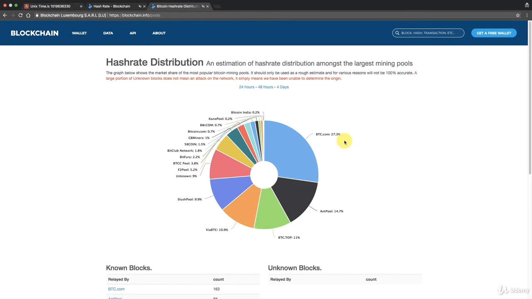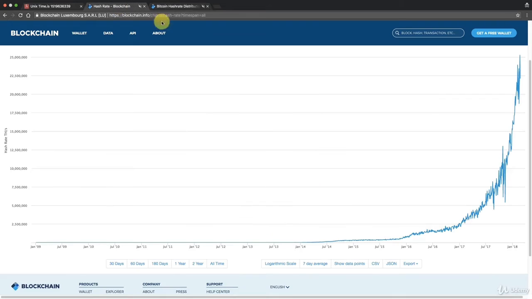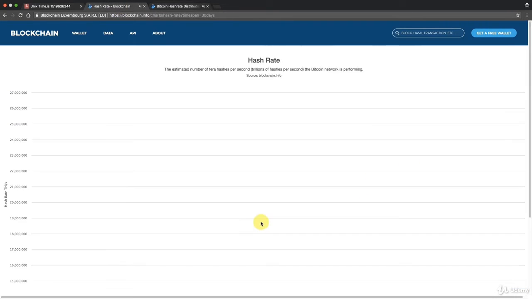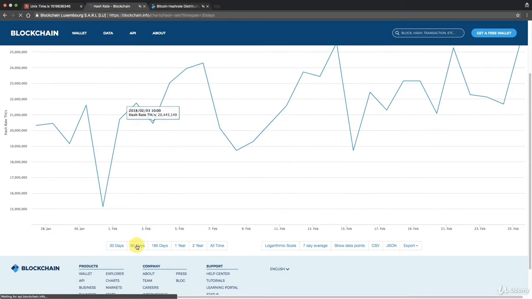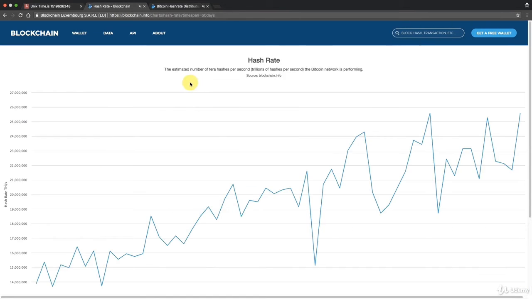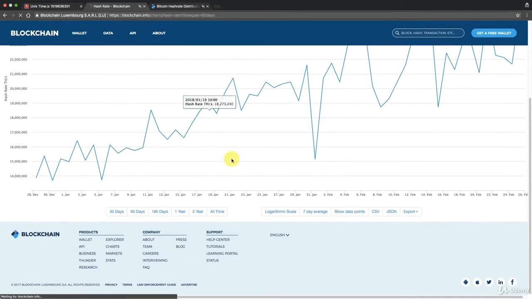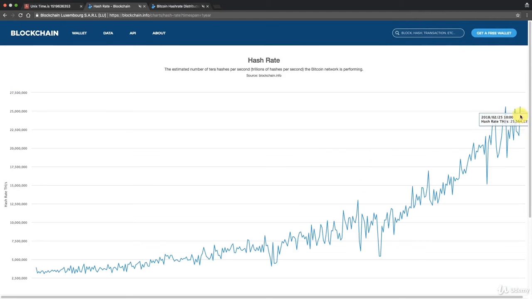Even if we take this one, Slush Pool, 10% of 22 million trillion hashes per second is 2 million trillion hashes per second. So Slush Pool will smash through that nonce range in no time, in 0.000 something seconds. They will smash through it super quickly.